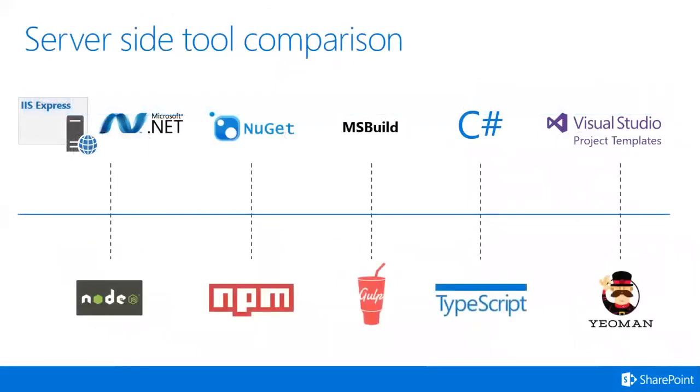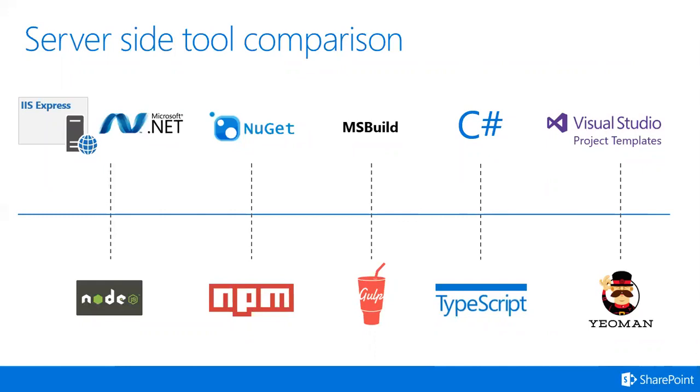So if I compare it with the server-side tool comparison, that is what was there before and what is there in the modern technologies or modern tool chain. So this is just a comparison. For example, earlier while doing the .NET development, we used MSBuild to build our project, and here we are using Gulp. So you can say this is kind of just a task runner.